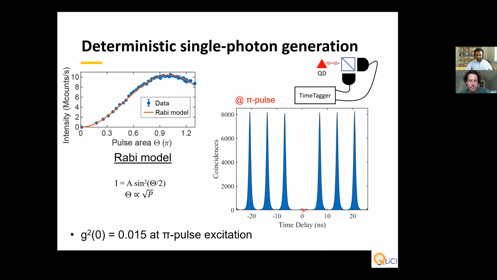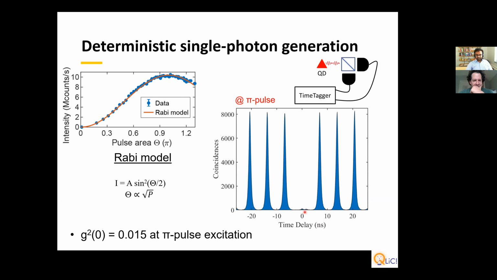When there is no delay, so you're looking at the same event, there's a strong suppression of coincidences, which means that two photons do not arrive together at the beam splitter to start with, because then they could split and there would be some probability of detecting them. So that's a good indication.